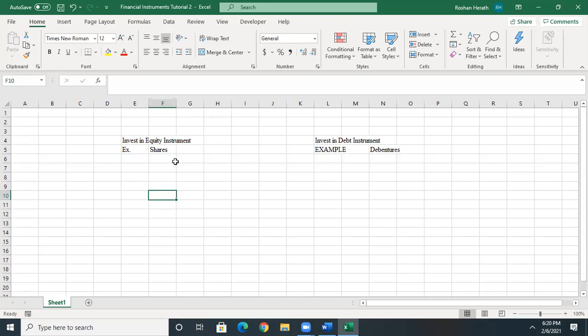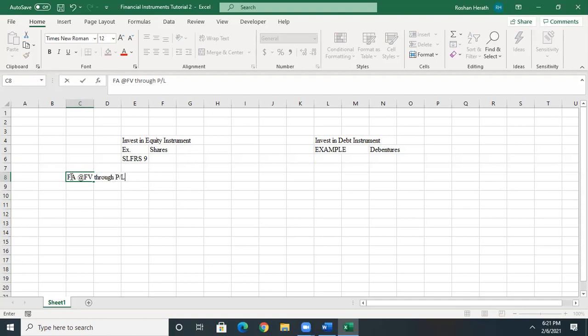If you invest in equity instruments, broadly your investment can be classified into two as per SLFRS 9 Financial Instruments. One is financial asset at fair value through profit or loss.